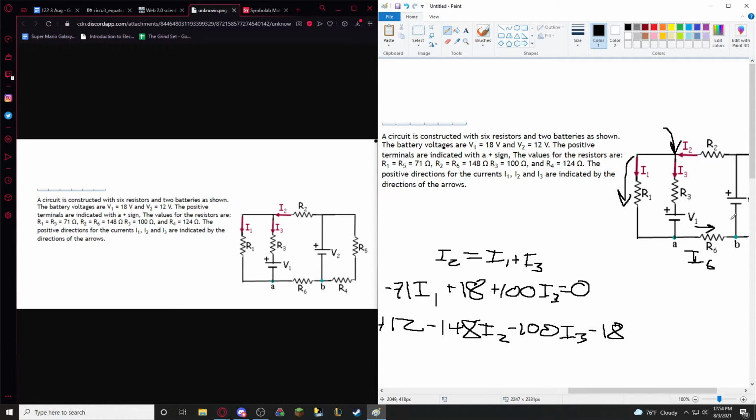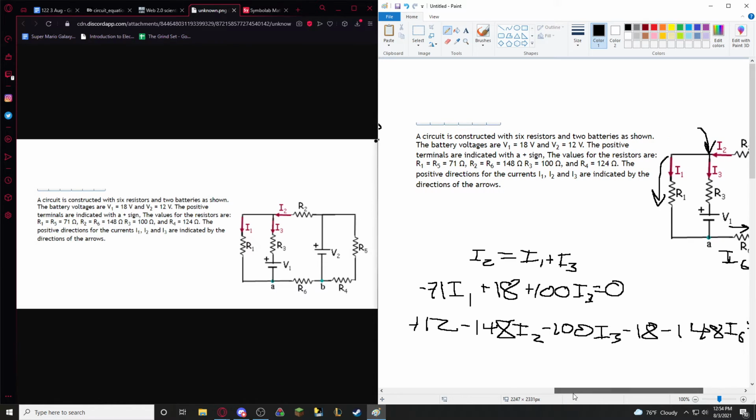And then we're going with our defined direction, so it's minus R6, so 148 I6 equals 0. That's an ugly loop.